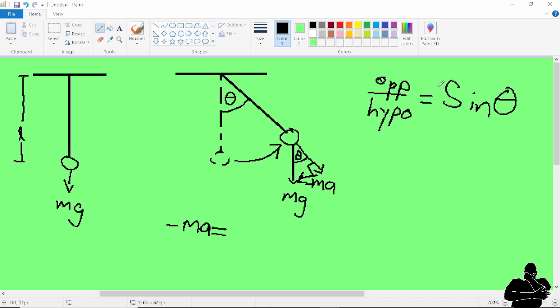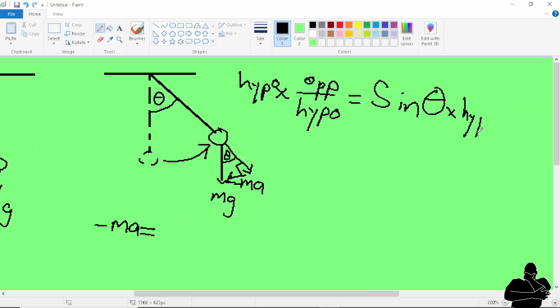So basically, if we wanted to find the opposite, which is negative ma, all we would have to do would be multiply this side by the hypotenuse, and then multiply this side by the hypotenuse. So the hypotenuse cancels over here, and we're left with the opposite side equal to sine theta times the hypotenuse.